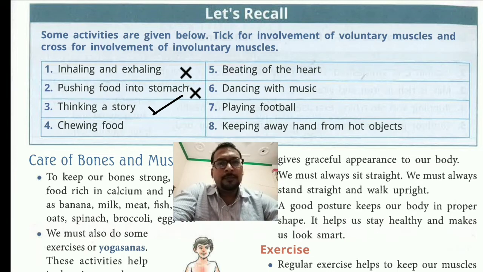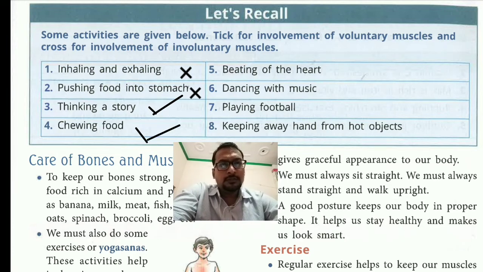Number 4, chewing food. Your mouth, your teeth are involved. Wherever the muscles are attached to the bones, those are voluntary muscles. So chewing food is a voluntary muscle, so you have to tick it.